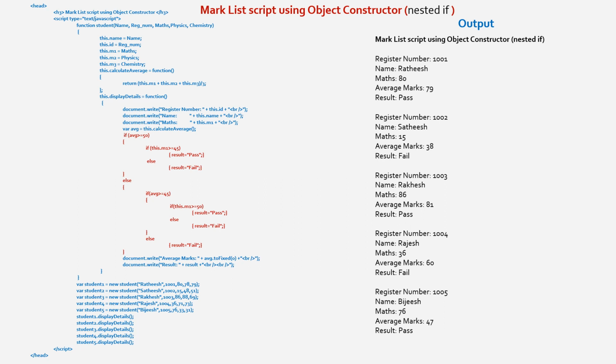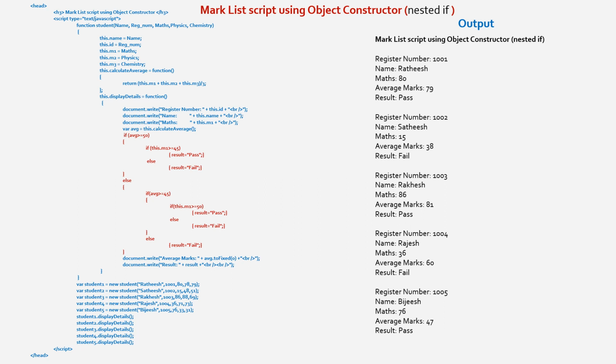Here we calculate the average marks, and we are specifying two conditions. The first condition is if the average marks is greater than 50, then the true part will be executed.